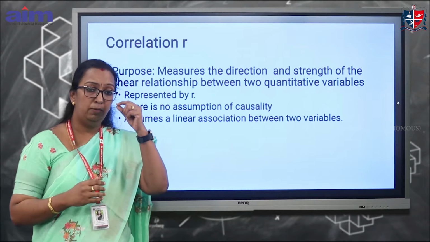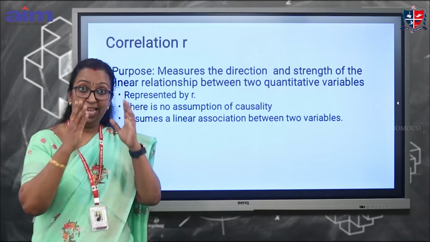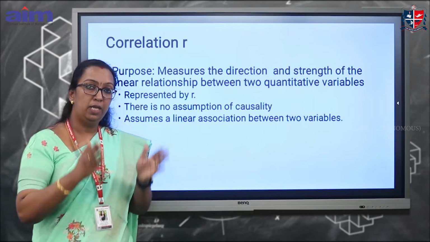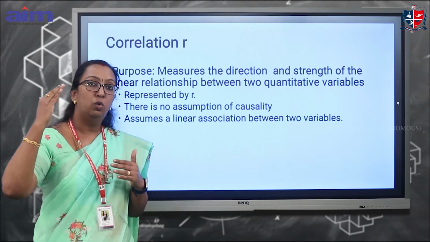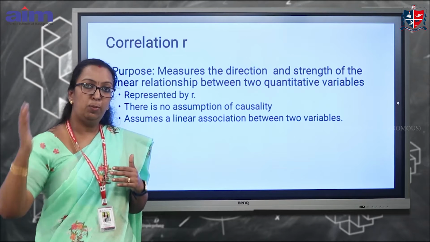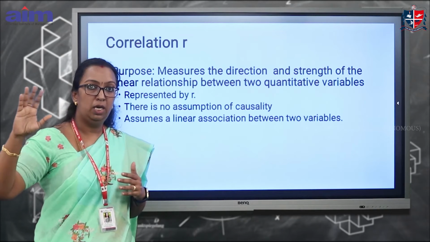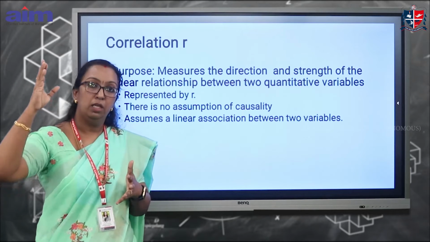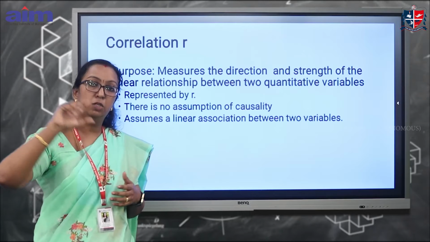If one variable, that is x, your independent variable, goes up, and correspondingly the dependent variable, which is called y, also goes up, then it is a positive correlation.